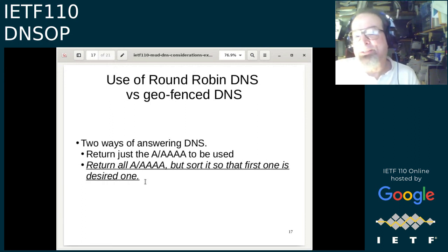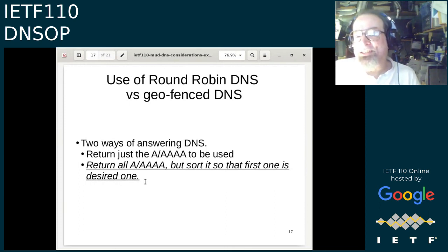That's historically what happened. And if that's how it's organized, then it's fine, because the MUD controller gets the list of all possible answers, can put them all into the forwarding ACL, and then the device, when it later gets one, gets whichever one it thinks is the right one, and everything's good. And as long as things don't change faster than the TTL, then I think this works fine.